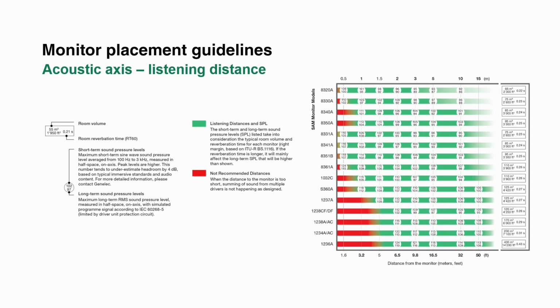As we get into our larger three-way products, you can see that the listening distance is much greater because there's more SPL, but also that minimum listening distance is increased as well. Because we've got multiple drivers existing in a different space, it takes a certain amount of time for them to align. So minimum listening distance does vary depending on the model.